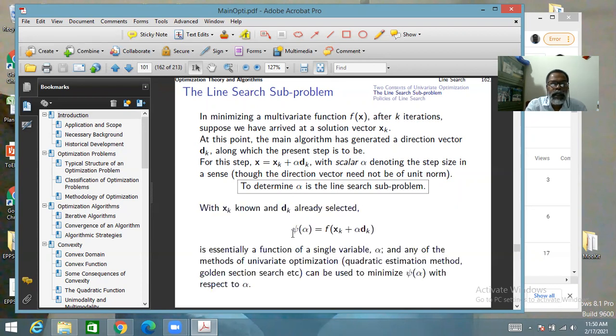So this psi alpha is this. Here it is a single variable because xk and dk are known for this subproblem. So it is essentially a function of a single variable. And any of the methods that we studied earlier, quadratic estimation method, bisection method, any of them can be used to minimize this and get the alpha star.